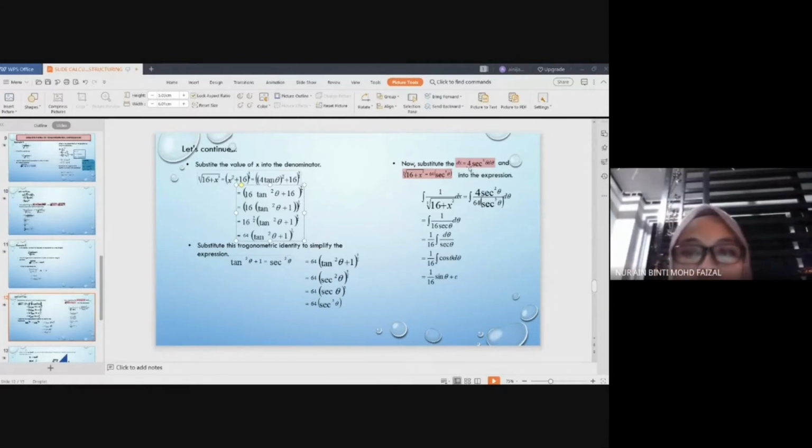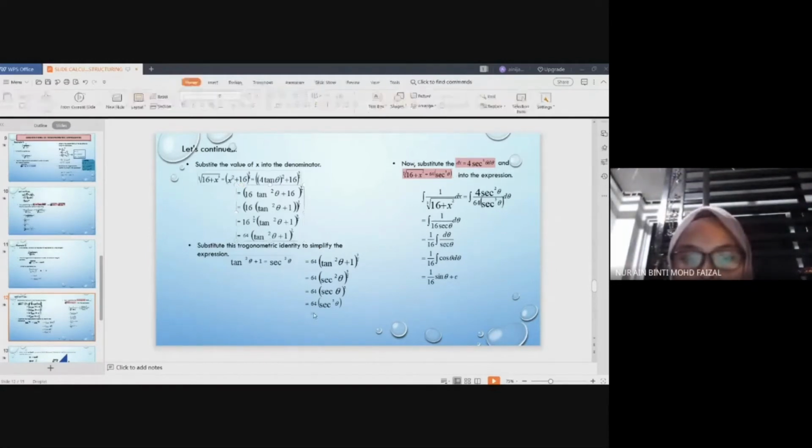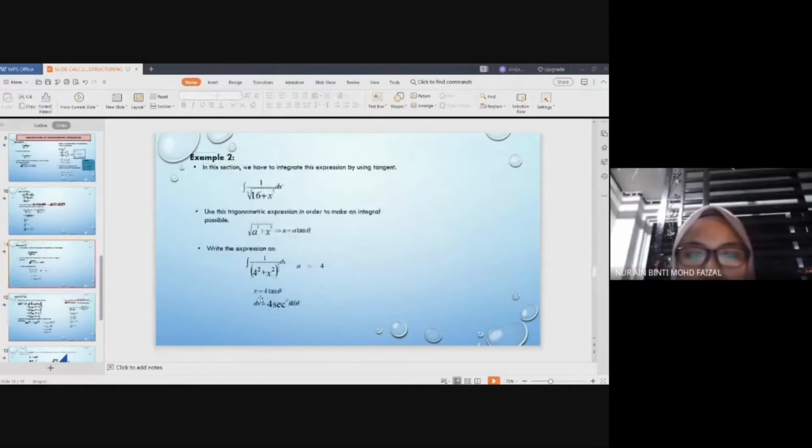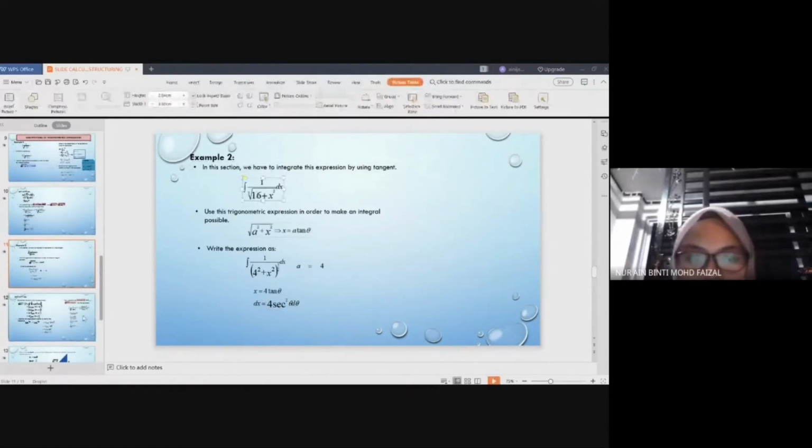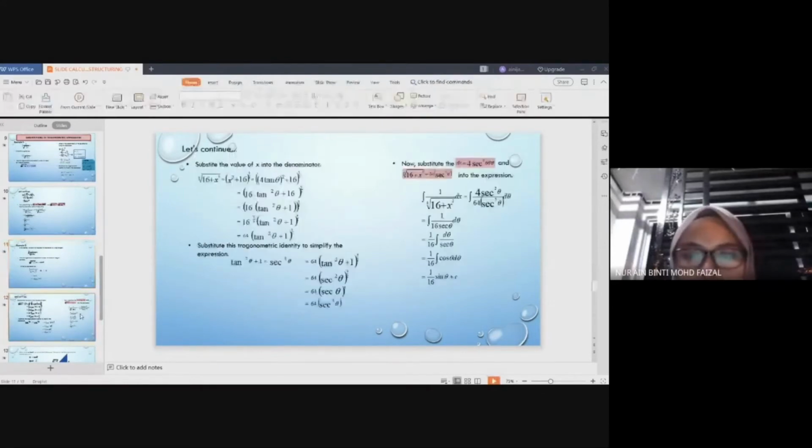Where do you get the dx and the 64? 64 times secant cubed theta is from here, which you found just now, and dx we call back from the derivative of x. dx is 4 secant squared theta d theta, and you transfer the values into this expression.